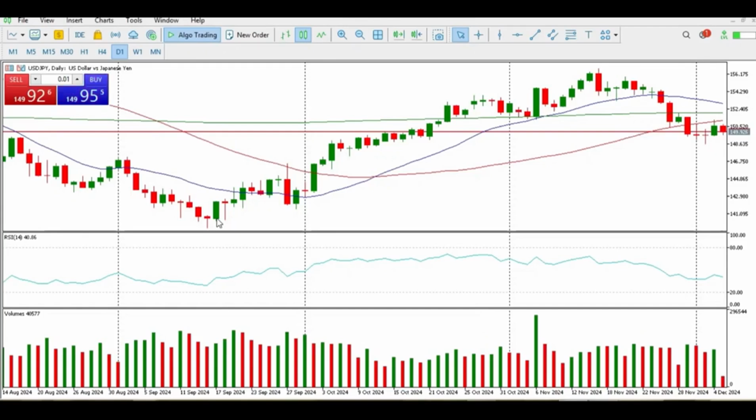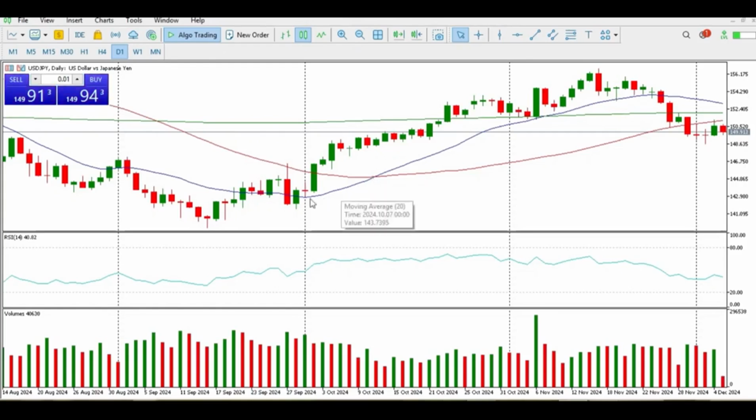If you go back here to 17th September 2024 on this instrument, you realize that the uptrend had actually started, but, I'm on the daily time frame, it took some days, around I think 15th of October, before the moving average actually reacted.